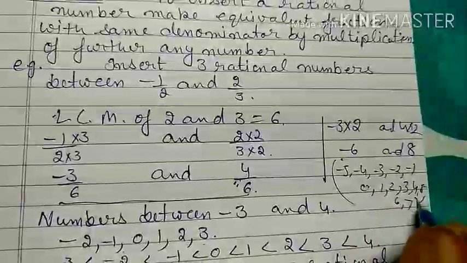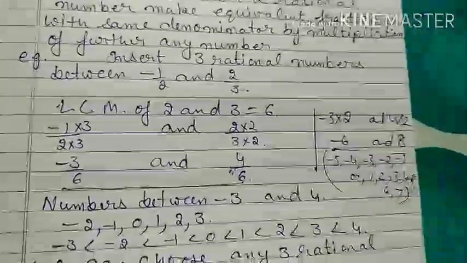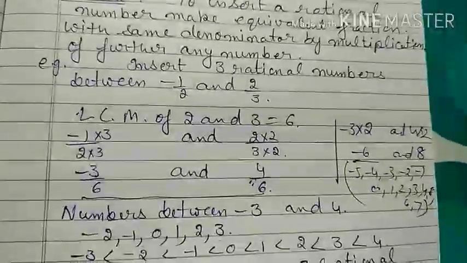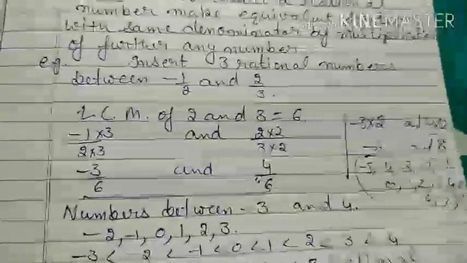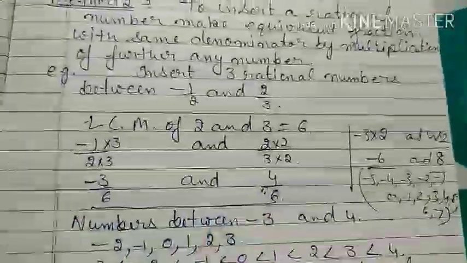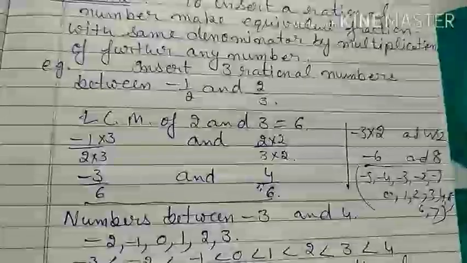So these numbers come between minus 6 and 8. You can choose any 6 or 8 numbers between them. The only condition is that you have to multiply the equivalent fraction further to find the required numbers between the numbers.